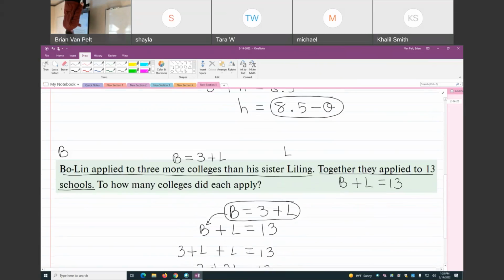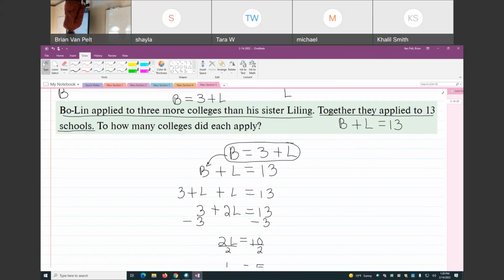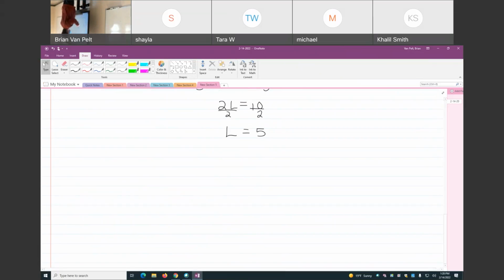What did they ask for? How many did each apply to? Oh, each. So since each, that means I want both Lily and him. So let's go ahead and get Lily. We got Lily's done. So Lily was 5 colleges. What about Bolin? Bolin was equal to 3 plus L, right?